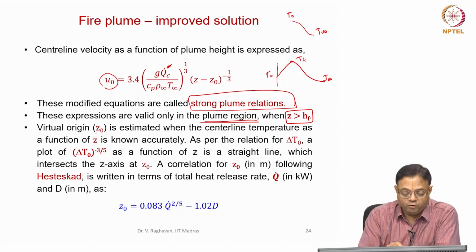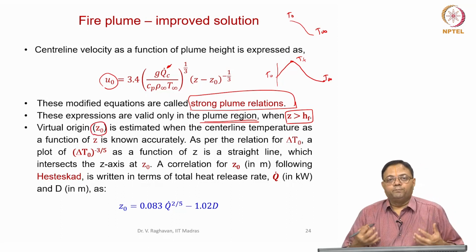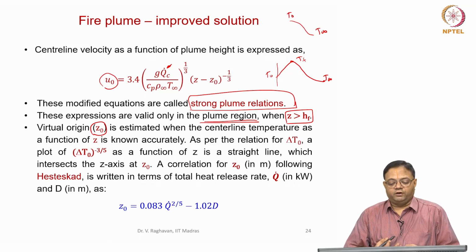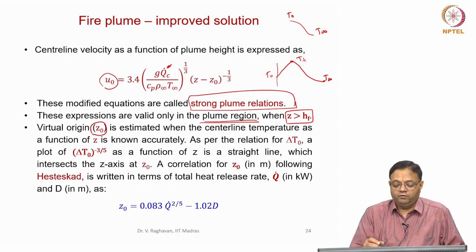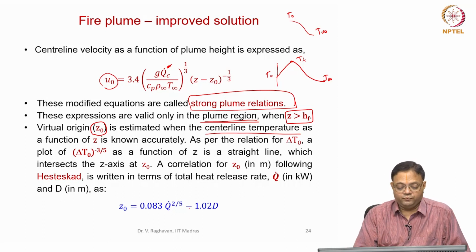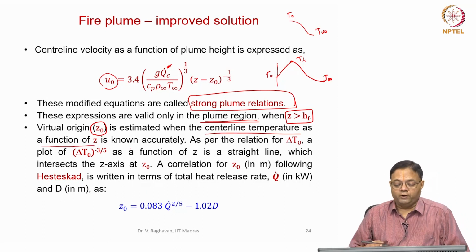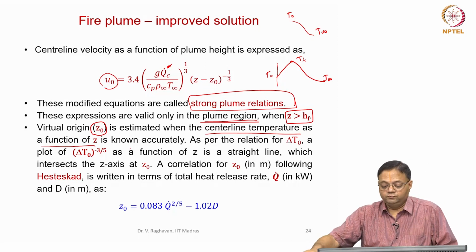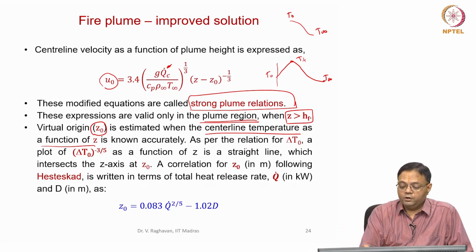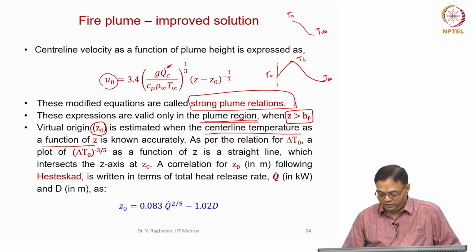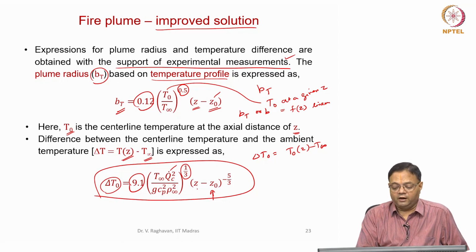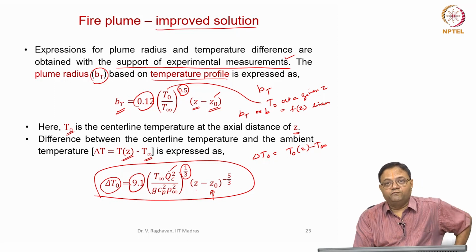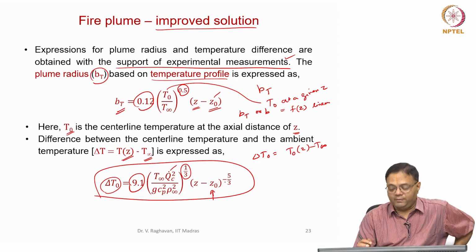Now, to impart some finite area, we are considering some virtual origin. This is estimated when the centerline temperature as a function of z is known accurately. When you go back to the relationship we derived for the centerline temperature, we see that the temperature difference depends on z as z to the power minus 5 by 3.